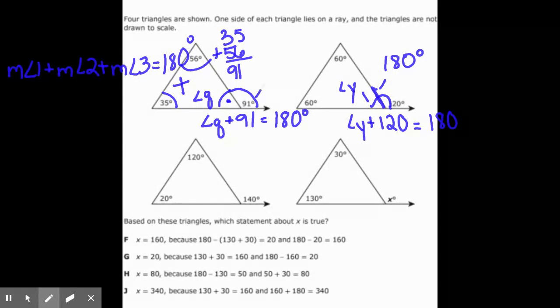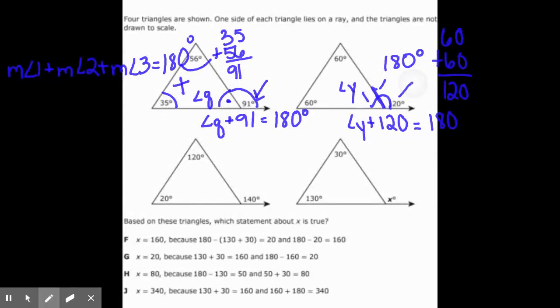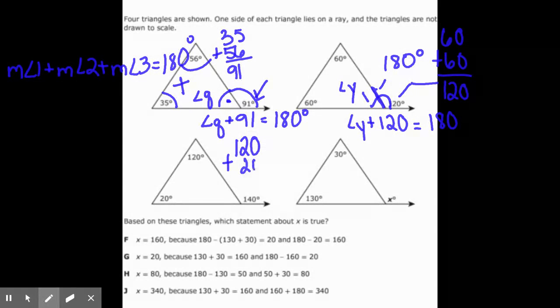All right, and we see that is in fact the angle measure of that exterior angle. 60 plus 60 is 120. Again, that is the missing exterior angle. 120 plus 20 gives us 140. That checks out. All right, so this last one, x, is what we're looking for.